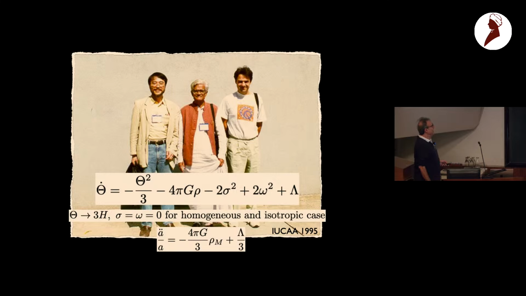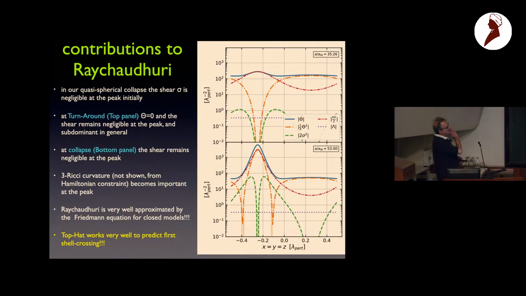Okay, so this is a cut through the simulation box, cutting from the peak of the overdensity on the left part, to the bottom of the underdensity on the right, and these two plots are at two different times. At the top is the turnaround, and at the bottom is very close to when the collapse happens. This is a fluid.